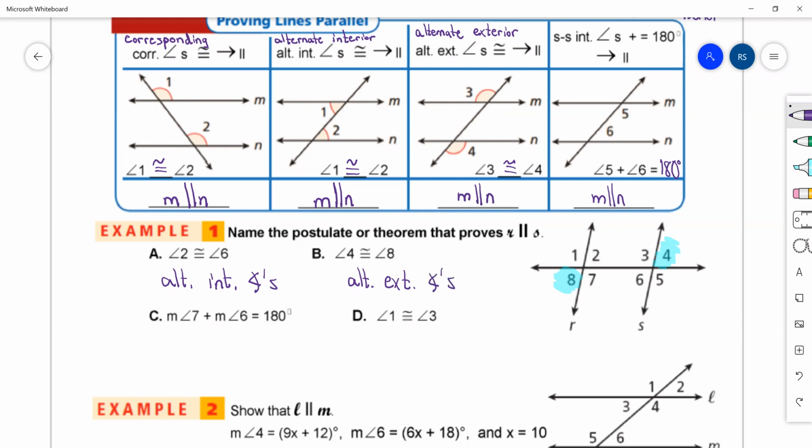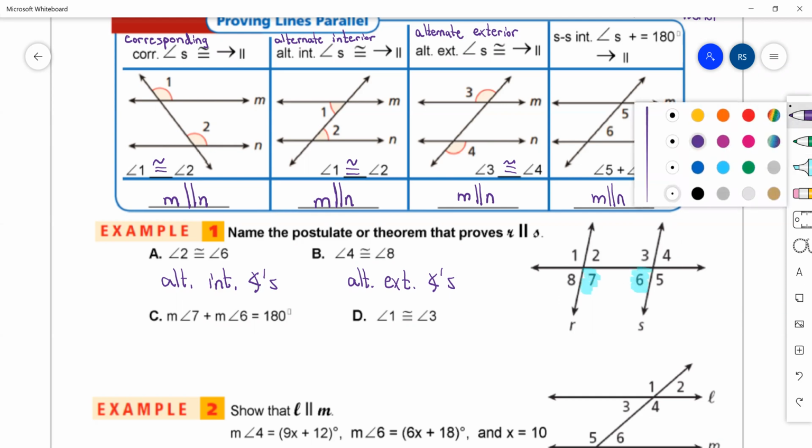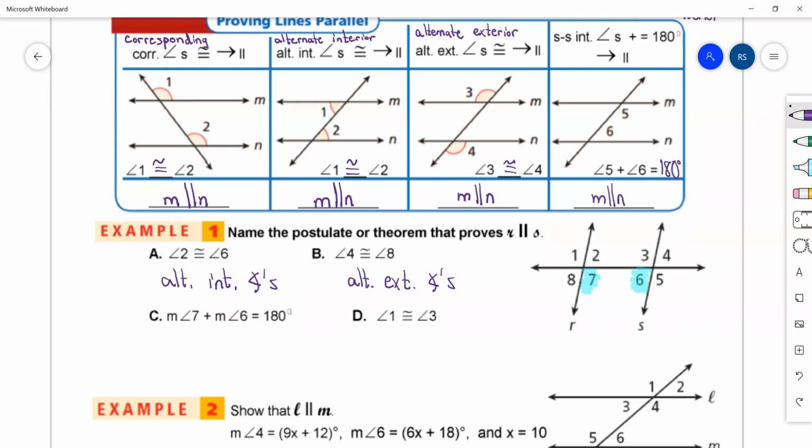They're on opposite sides and they're outside the parallel lines. Then we're told that if we add 7 and 6 together, it gives us 180. Which one is the one where we add things together to get 180? Same side interior angles.